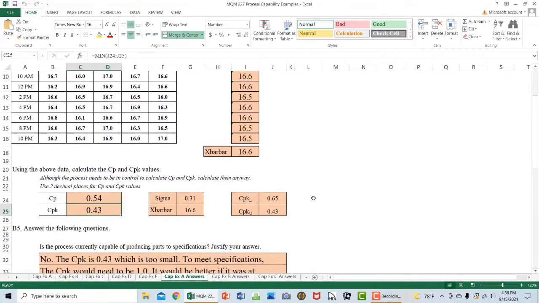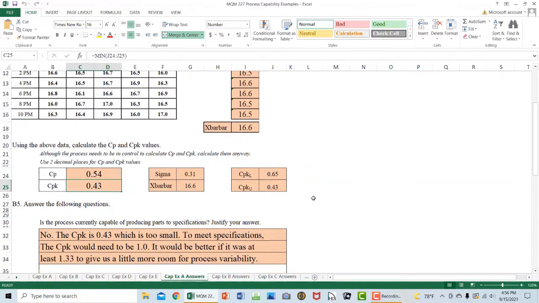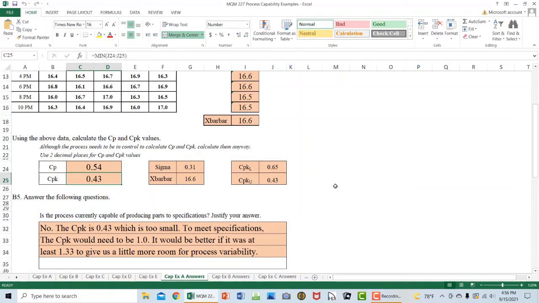All right, moving along. It says answer these questions. Is the process currently capable of producing parts to specifications? Capable. We are not saying whether it is producing it in the sample. Remember there's a question about whether anything is out of specifications. We are not measuring every single part that comes off the line.